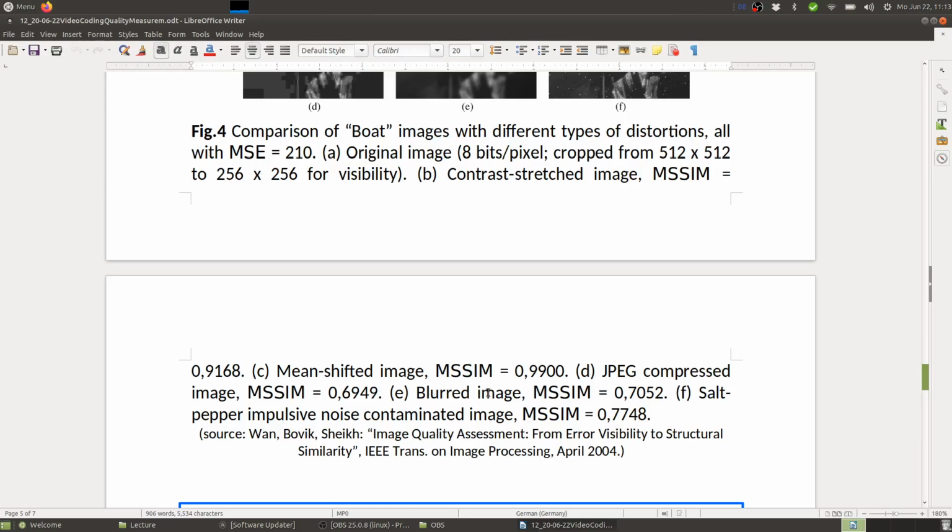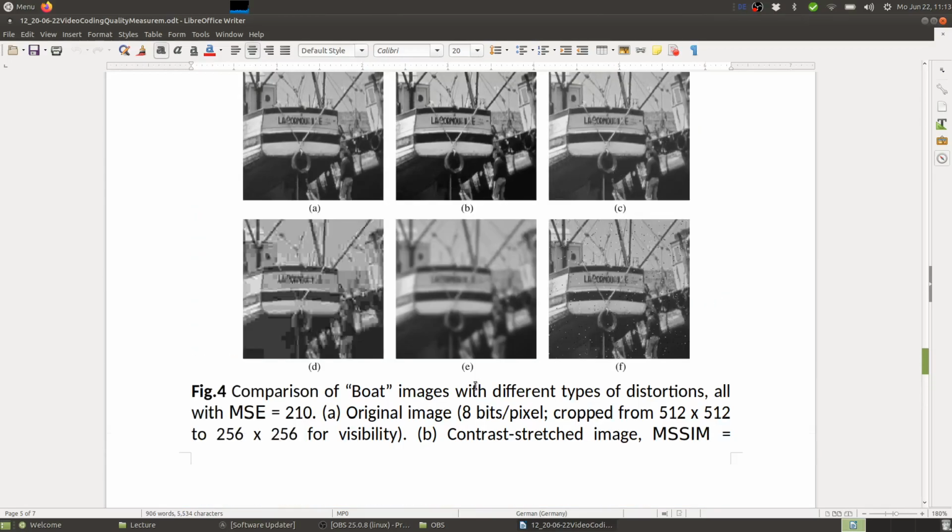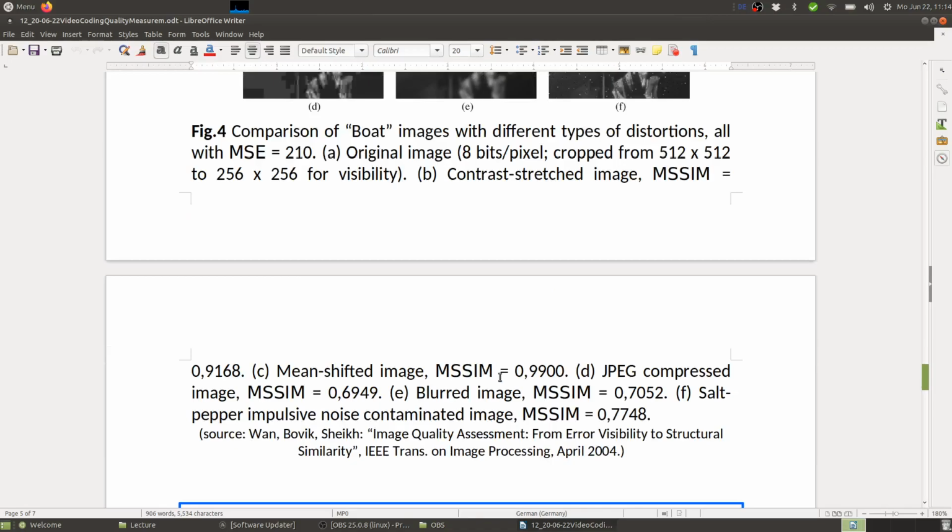Then next, E is the blurred image. Basically blurring removes the edges. Edges are important for the eye, and this is E. So indeed, this is a bad quality image, right? The eye thinks it's bad, and also MSSIM thinks it's bad because it only gives it a 0.7.